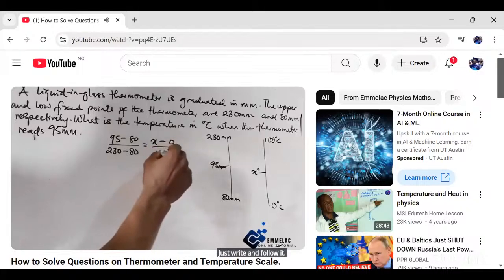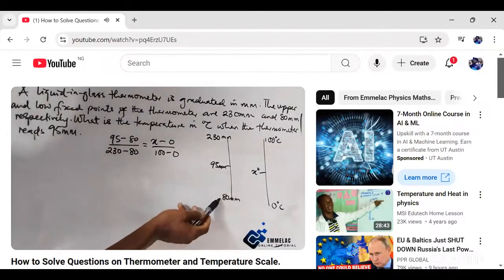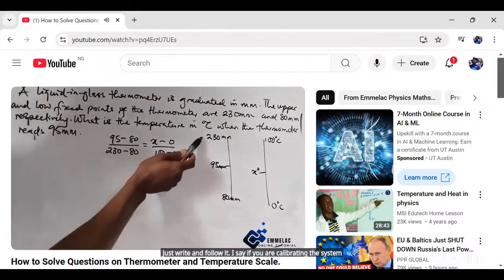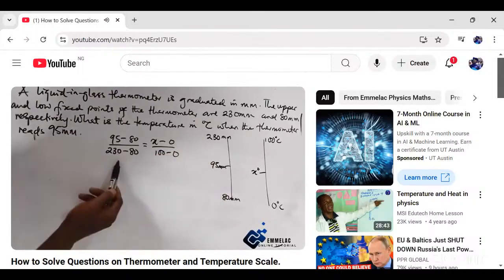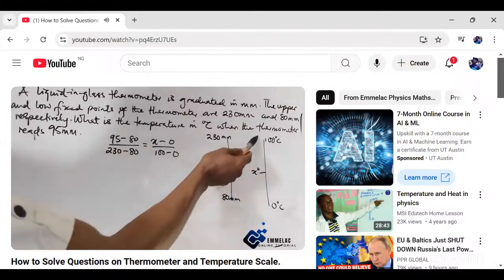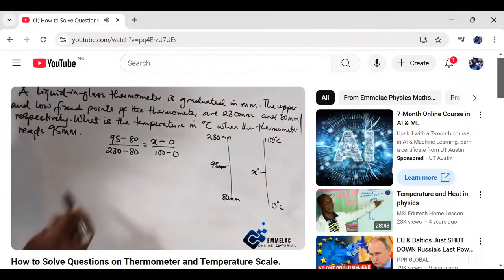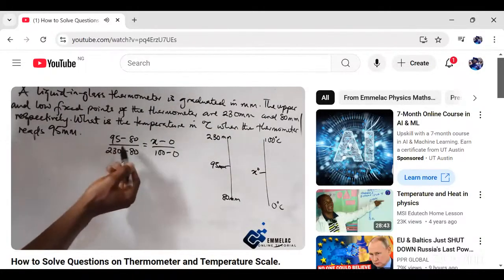It's as if you are calibrating the system, to calculate X, where we are.